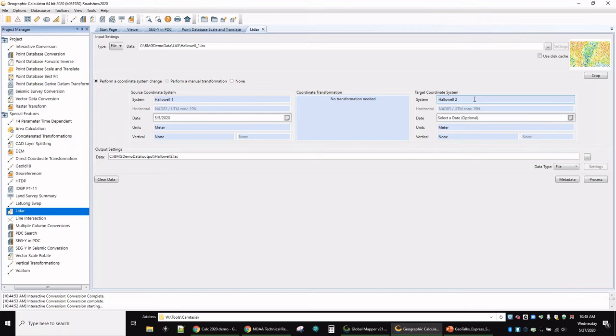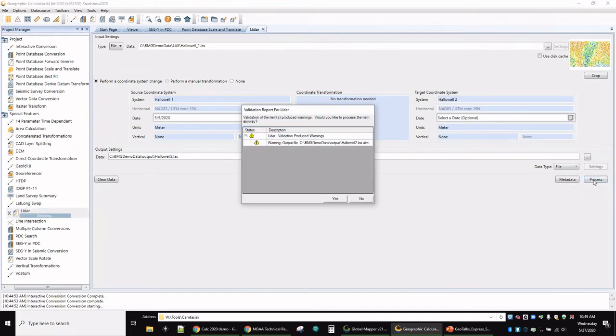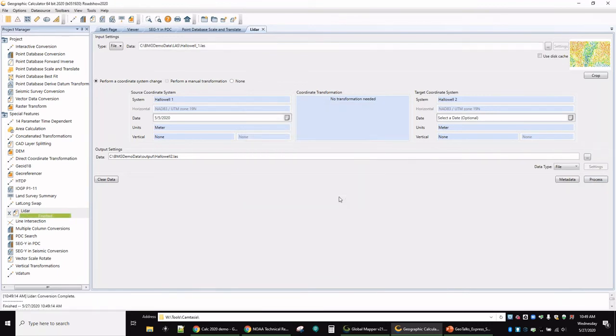So we have a little sample LiDAR data, Hollow L1, and we can process this, and going from Hollow L1 to Hollow L2, the file already exists. I'm just going to overwrite it. I'm finished.